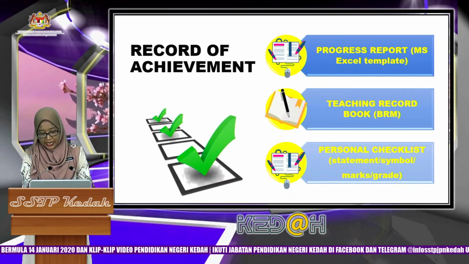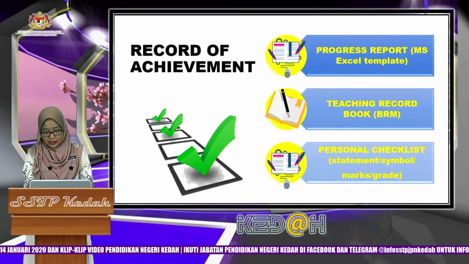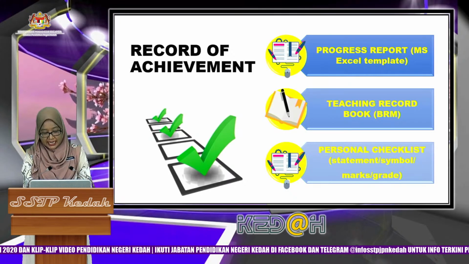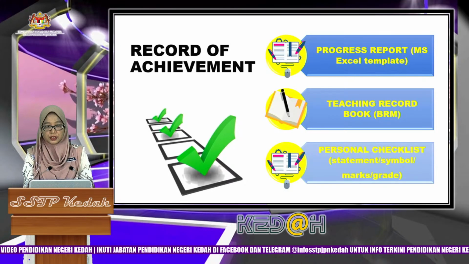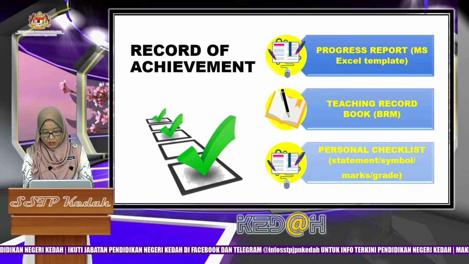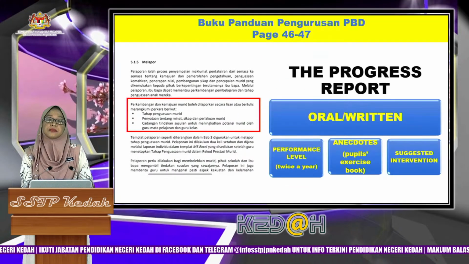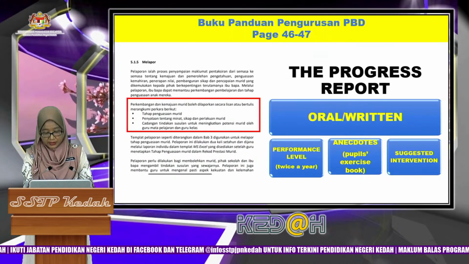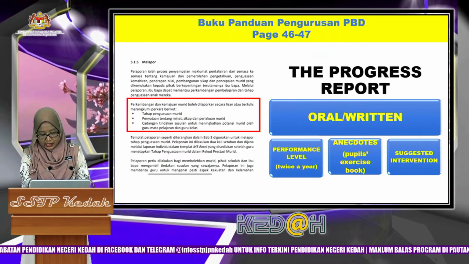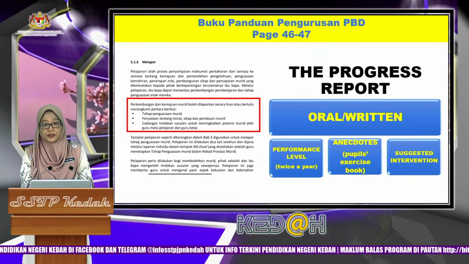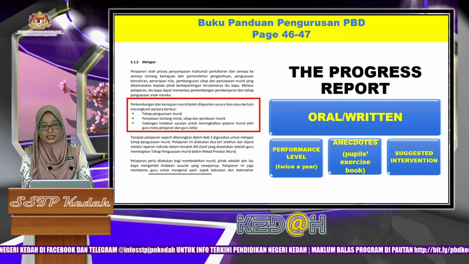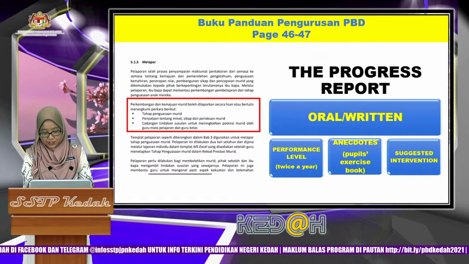You can also have a checklist with statements, marking symbols, marks, and grades for your pupils' work. And the progress report can either be in oral or written form. It includes the pupil's performance level, the anecdotes, and the suggested intervention.